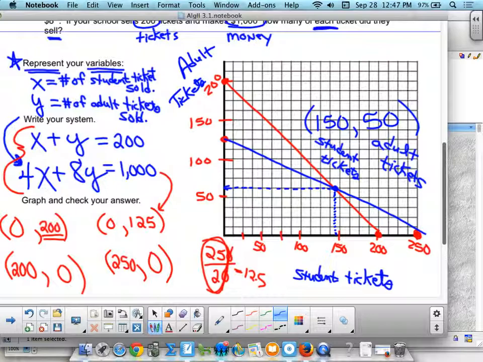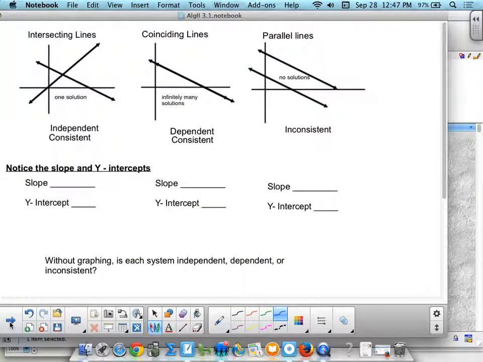Did you guys get 150 and 50, or did you just copy my work? I was off. Look, I was off by a lot. But if you drew nice straight lines with those rulers, you're probably good.